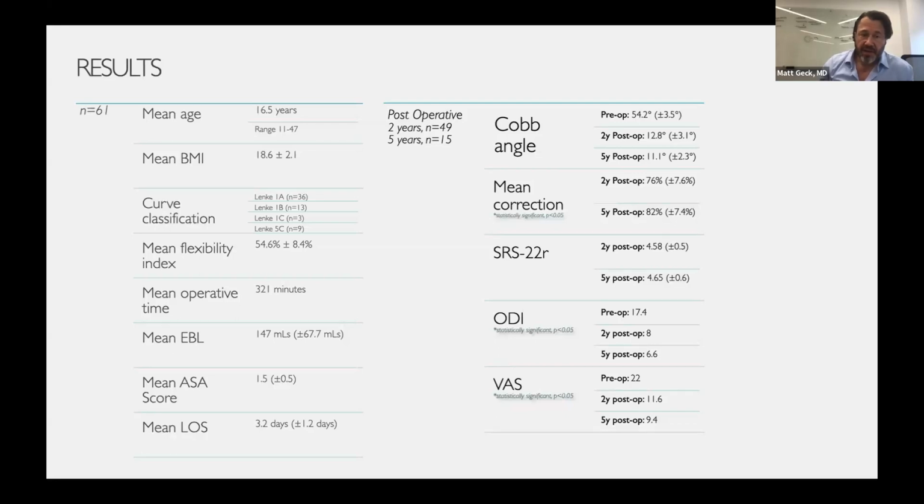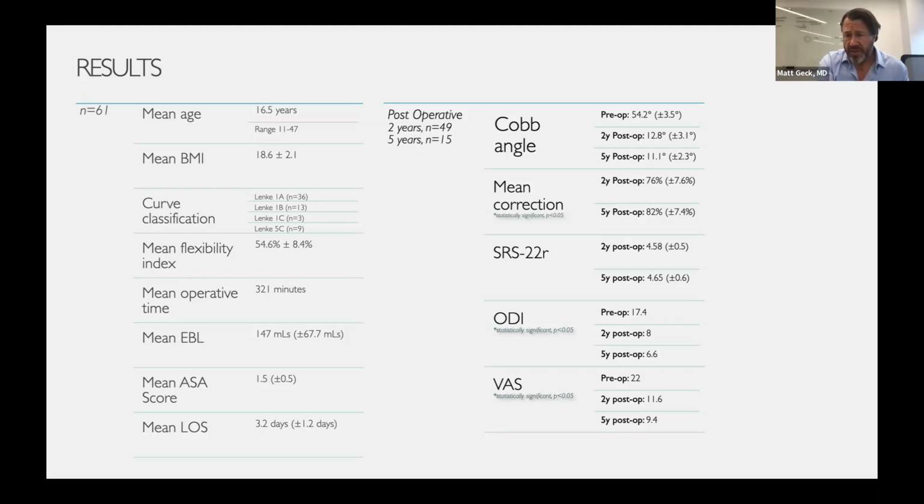And then in terms of operative time, that is a long operative time, but this was, again, our first 60 patients. And if you look at blood loss, we were sort of doing these surgeries with very, very small amounts of blood loss. Correction was very good, kind of 75% correction.